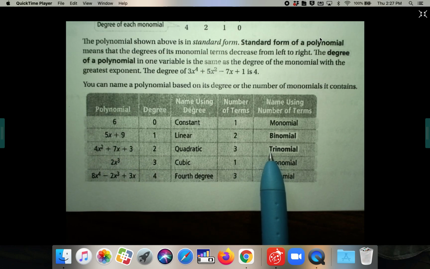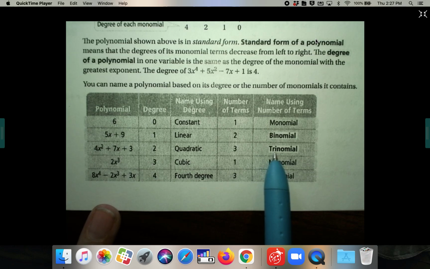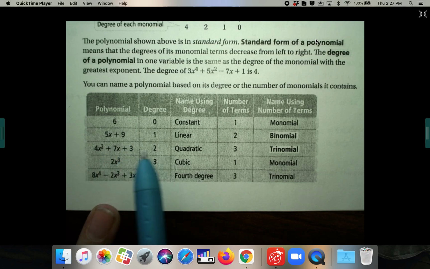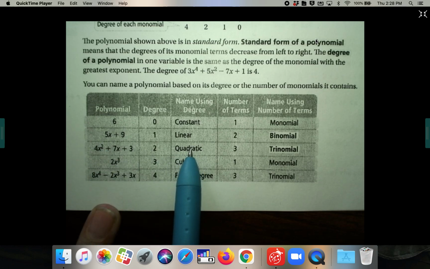Think of things that start with the tri, like tricycle has 3 wheels, triangle has 3 vertices. So a trinomial has 3 terms separated by adding or subtracting. Now, what makes it quadratic is that it's a second degree. So anything that goes something to the second power in that first term only is considered quadratic. We'll get into that more in chapter 9.